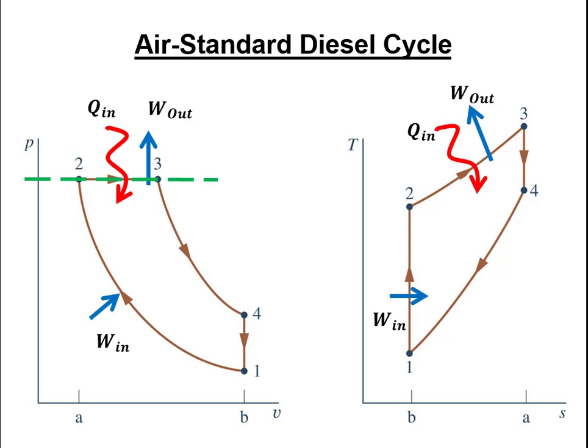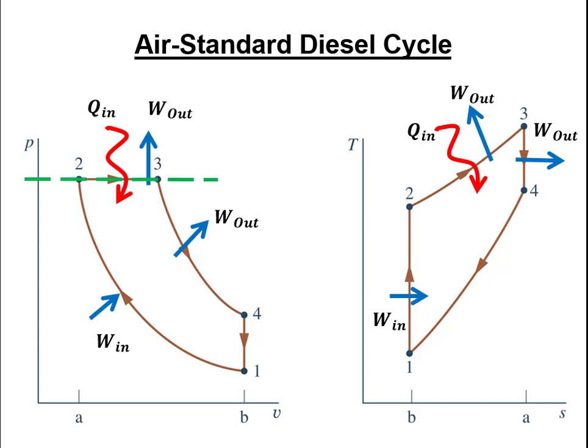If we remember, for closed systems, we can find the work by taking the integral of P dV. So there is area under this curve when we go from state 2 to state 3, so we do produce work during our heat addition process. As we move from state 3 to state 4, we get into the power stroke, so we're creating work.